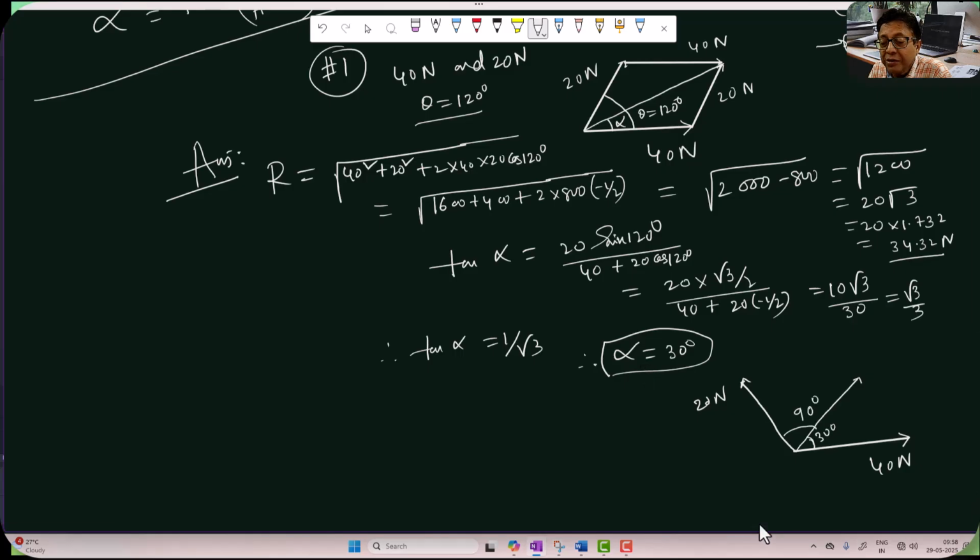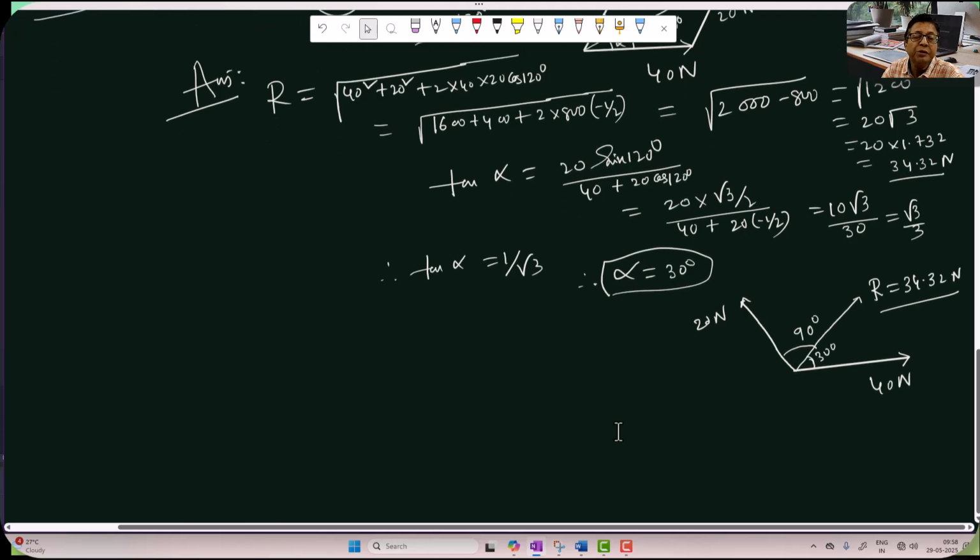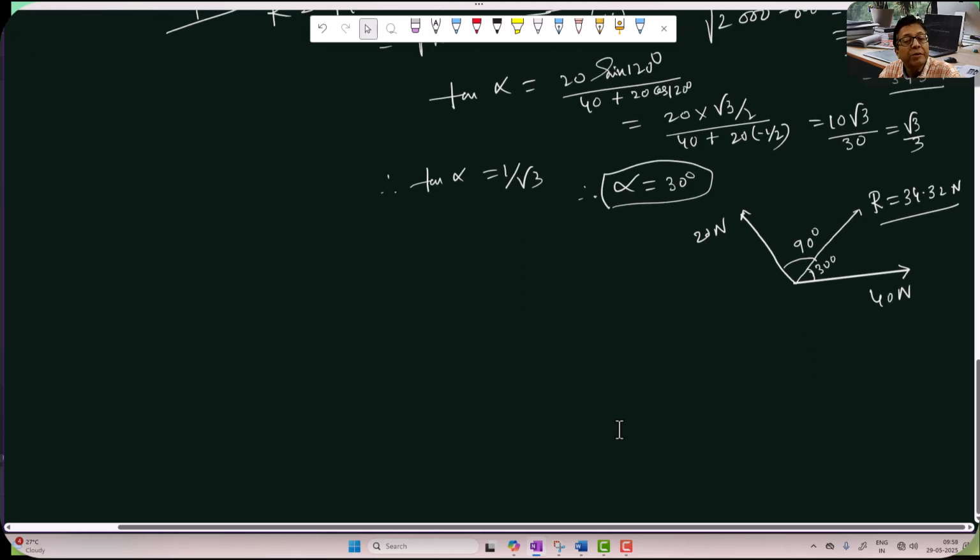And this one is what? 90 degree, because 120 degree is the total angle. So resultant is 34.32 Newton, and it makes an angle 30 degree with 40 Newton force. Hope you have understood the parallelogram law.